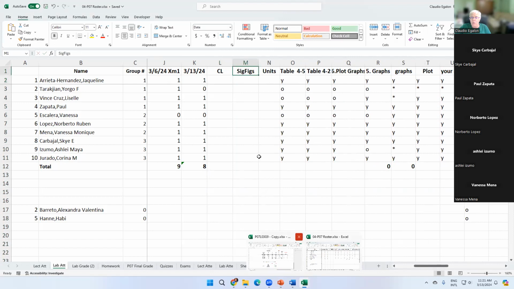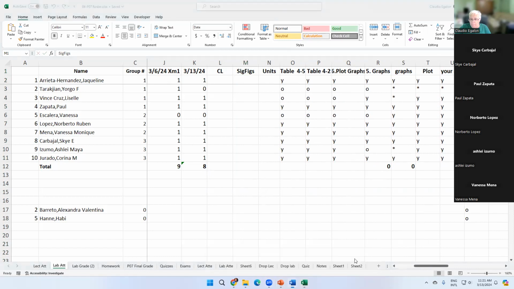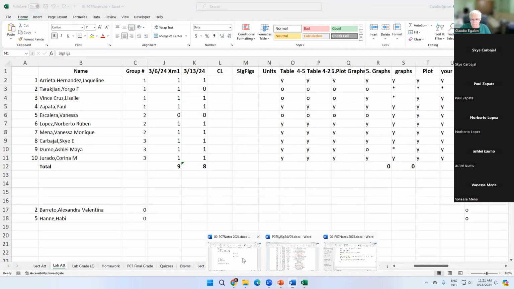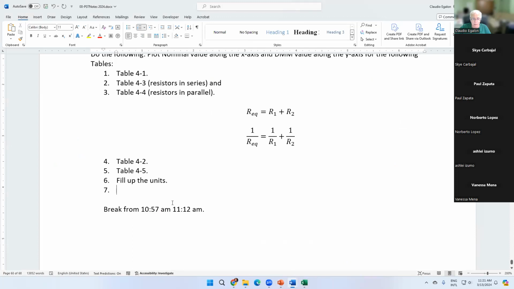Sig figs, you have to use the table that I provided you. Okay, fill up the units. Display the proper number of sig figs using the document provided.